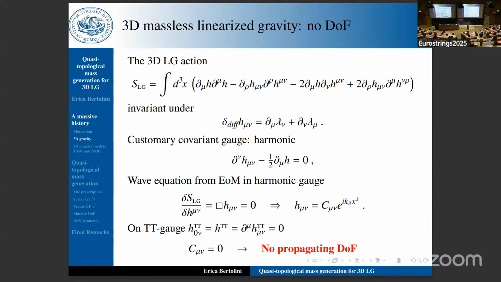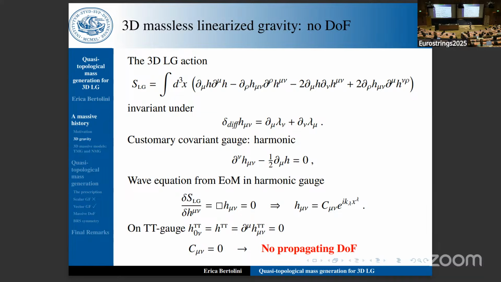But so how does one see that there is no gravitational wave? The linearized gravity action in 3 space-time dimensions is the usual one, it doesn't change in any way. It's still invariant under diffeomorphism. By considering the customary covariant gauge, the harmonic gauge, one can find through the equations of motion, again, the usual wave equation, so nothing changes here.